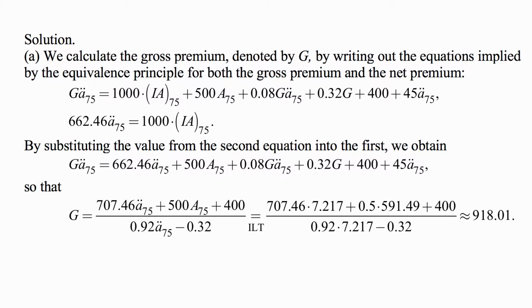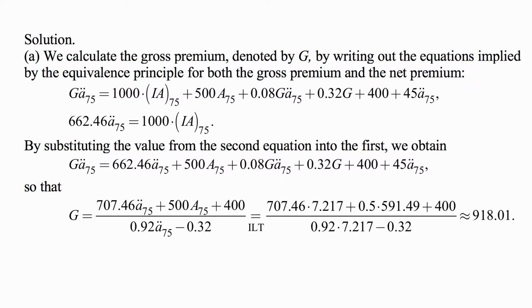But at the same time, we know that the level net premium is 662.46, and that times ä75 must be equal to 1,000 times (IA)75, discrete increasing life insurance at age 75.